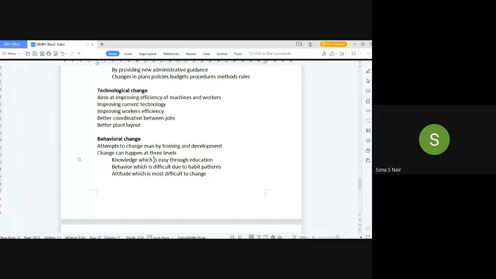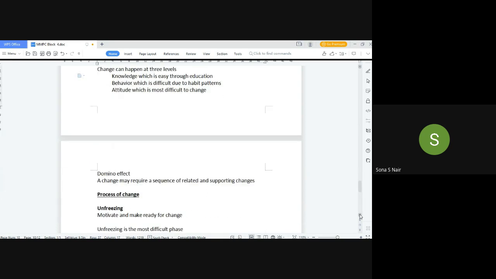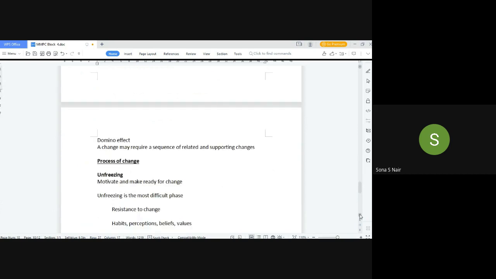Sometimes you have to change the attitudes of people because the kind of people that you have at the moment are not able to meet the new challenges. But changing attitudes is the most difficult thing that you can do, right? So behavioral change can happen, but it needs a little effort.